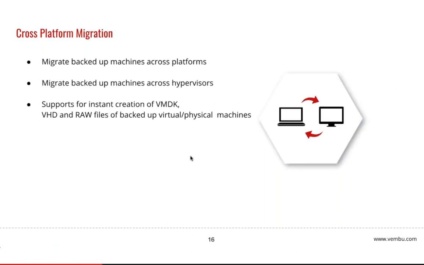So this is another cool feature. You can do migrations between physical to virtual, or from one hypervisor to another hypervisor, or even from hypervisor to a physical machine. After completing a backup schedule of any backed up VM or physical machine, we create a bootable VMDK, VHD, IMG file for every incremental.